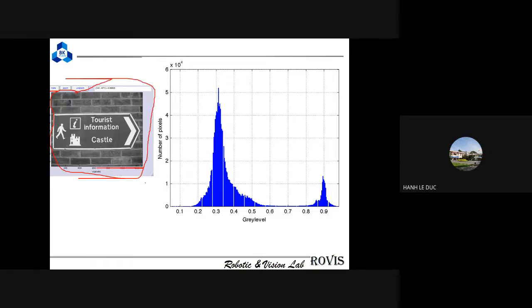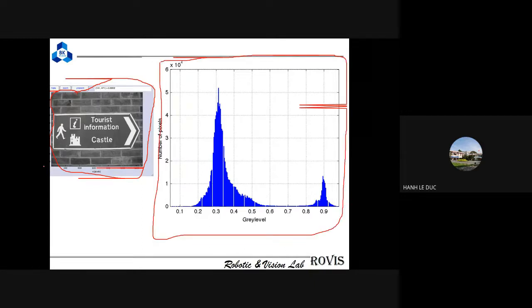And the histogram of this image is shown in this picture. In the x coordinate, before I said it's from 0 to 255, but here it is from 0 to 1. Why? It's easy because they divide the value by 255.